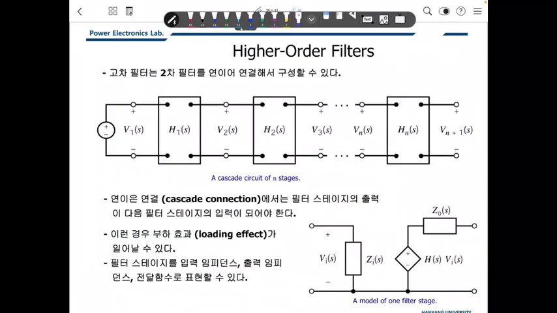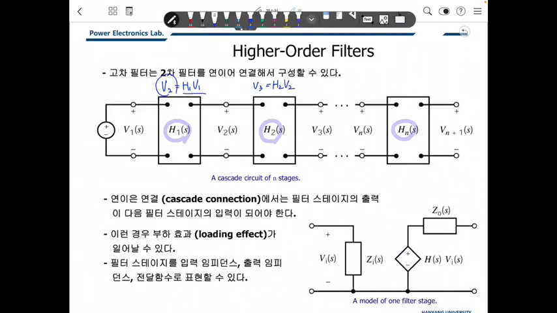So to simplify this problem of high order filter design, we use cascaded filters. We have H1, H2 and Hn. The relationship between them is V2 is H1 V1, and V3 is H2 V2.